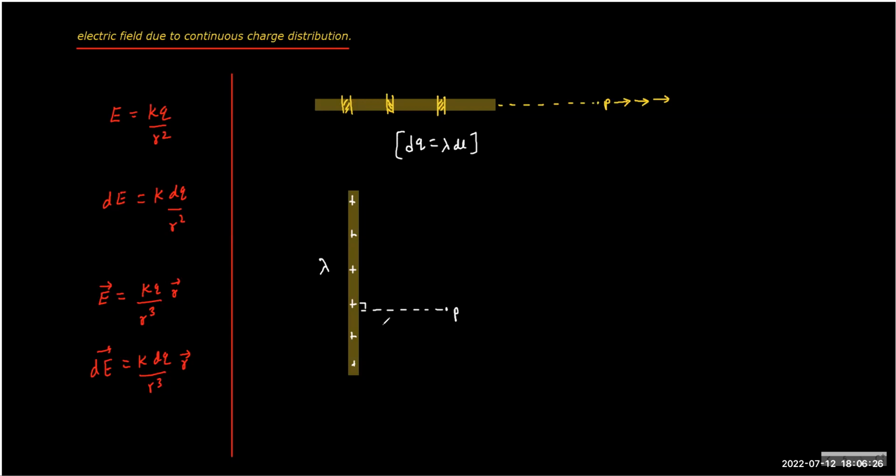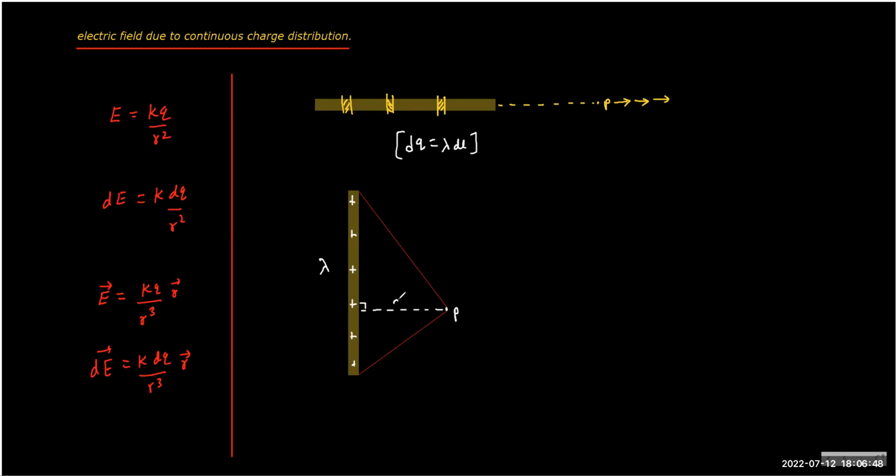Now, if this is the point P, then the ends of the rod will subtend some angle at the point P. Be very careful about where the point P is and how the variables are assumed here.